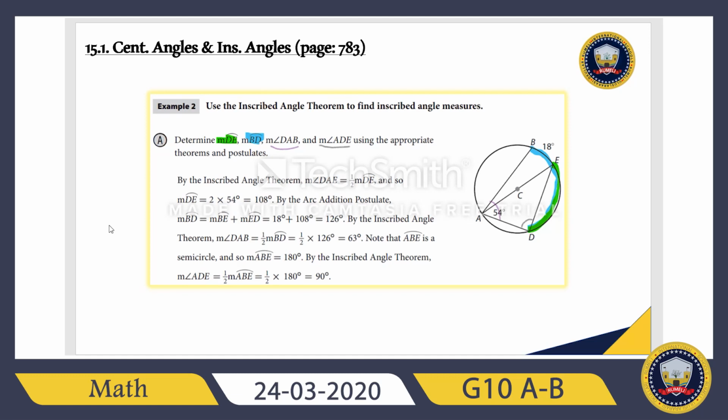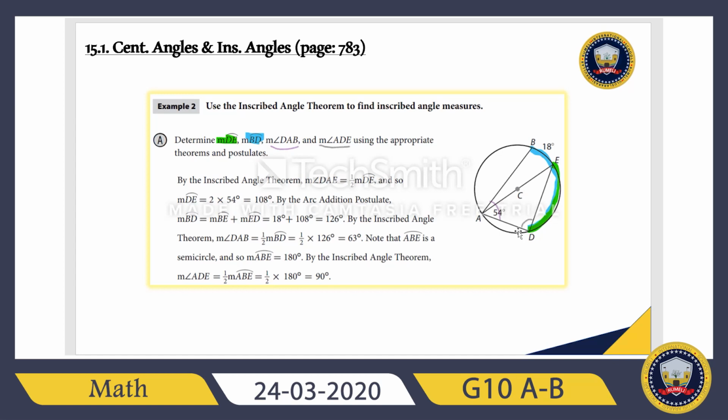I have this circle here centered at C, and I want to determine the measure of the arc DE, which is here, and the measure of the arc BD, which is from here, all of this, the measure of the angle DAB, which is marked here, and the measure of the angle ADE, which is here.